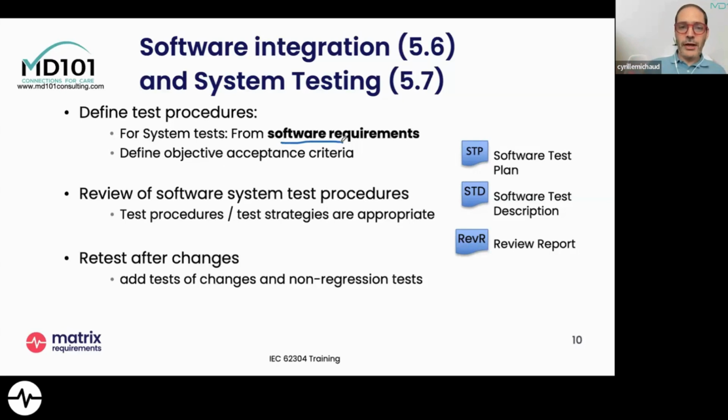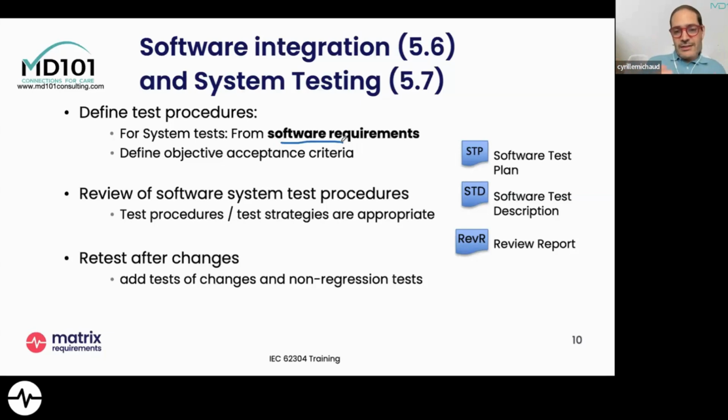For integration testing, we could also retrieve either a traceability with software requirements, product requirements related to the interfaces of the product, or also this is a way to implement the evidence of the standard, but the standard doesn't require to do it. Either traceability to requirements on software interfaces or traceability to components implementing the interfaces. This is what you can have as an evidence of software integration coverage, test coverage.